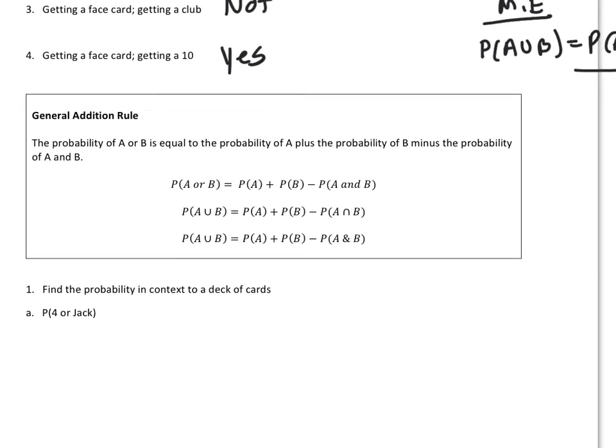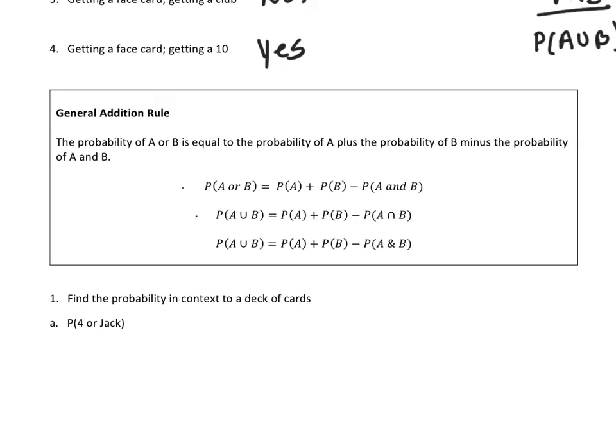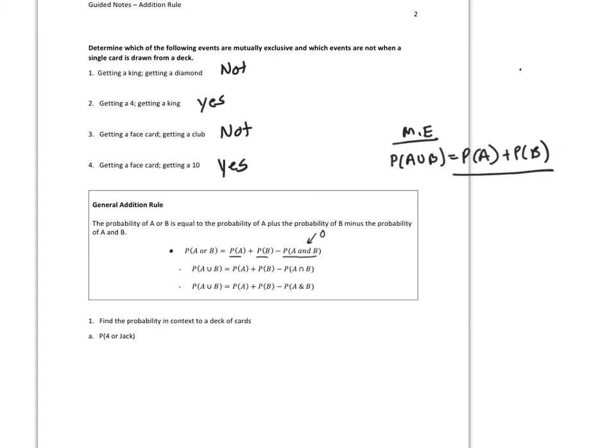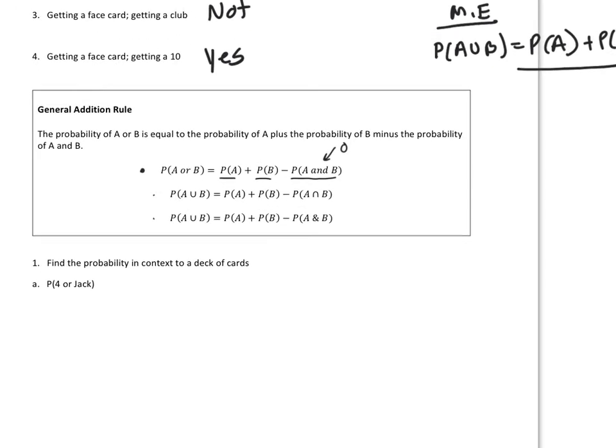I always use, if I'm trying to find the probability of A or B, the probability of A plus the probability of B minus the probability of A and B. If you have mutually exclusive events, this last probability will be 0. If you always use this formula, in case you've double counted, this formula will take care of it. So I discourage you to even think about the other one. Always use this general addition rule.